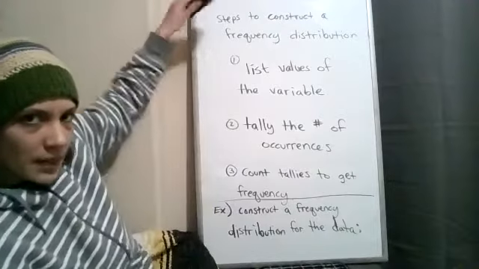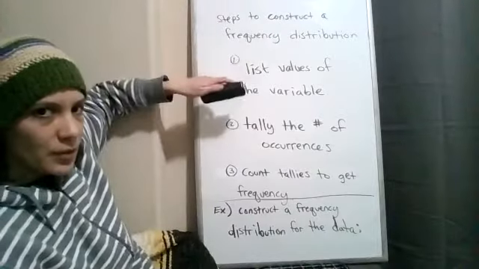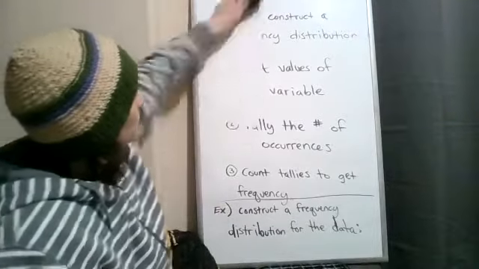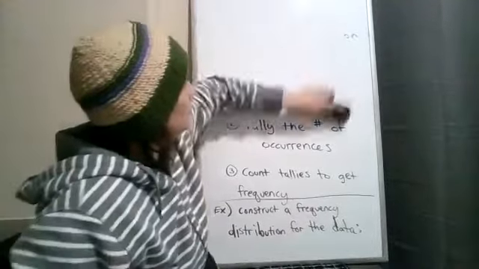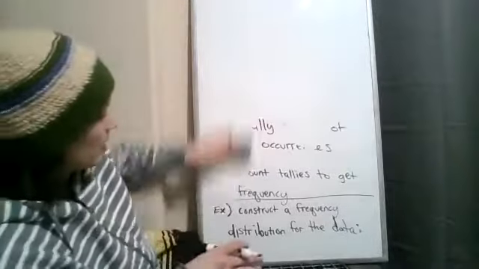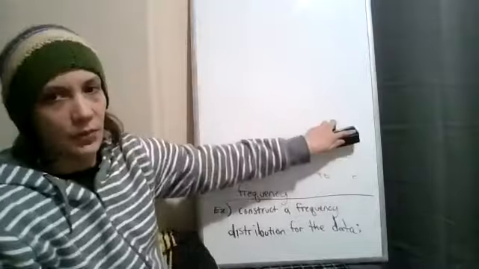I'm going to keep my data organized in a little table over here, and then we'll do our frequency distribution as a table below. That has 3 places, one for your category, one for the tally, and one for frequency.